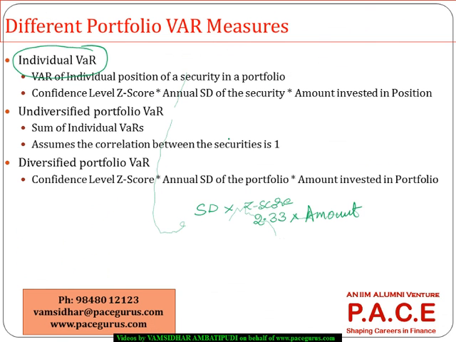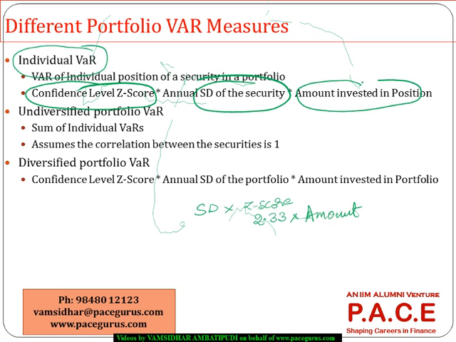So all I require is the standard deviation for that period, and then the confidence level score. If I am looking at 1% VAR, then I require 2.33, which is the value associated with 99% confidence level. And then I multiply it by the amount that is invested in that position.